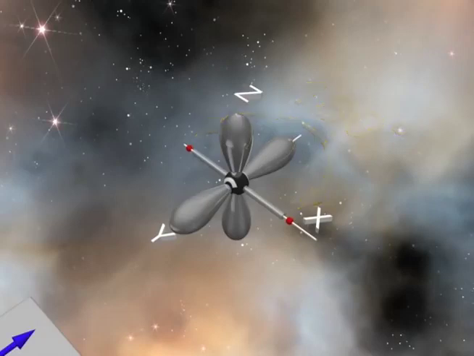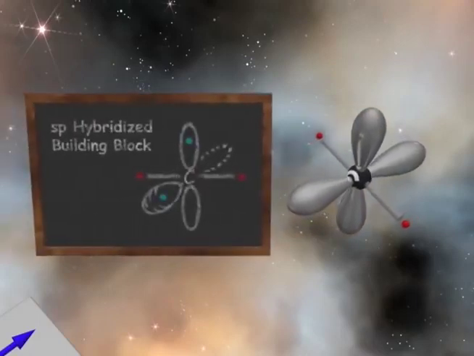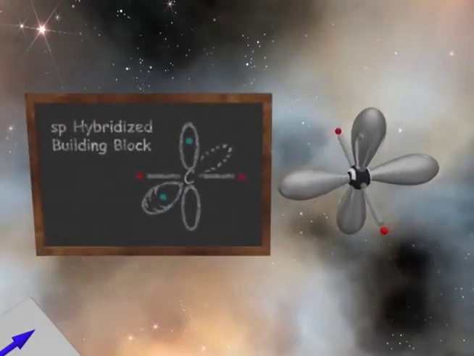Before we begin to show how the sp hybrid building block takes part in bonding, it is important to remember that the electrons in the unhybridized 2p orbitals have access to both lobes. Your instructor will often draw the sp hybridized carbon on the blackboard as shown.